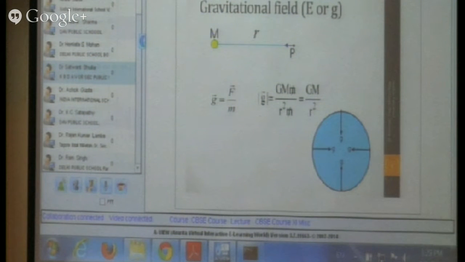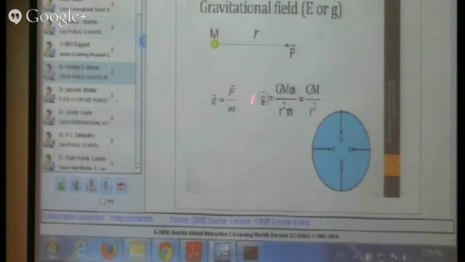If I'm putting m at point P, the force is F. What will be the force if I put a mass m dash there? You'll first of all calculate force divided by mass to get the effect on unit mass. And once you calculate this, then whatever the mass I'm putting at P, you multiply it with that mass and you get the force expression. See what I'm saying?